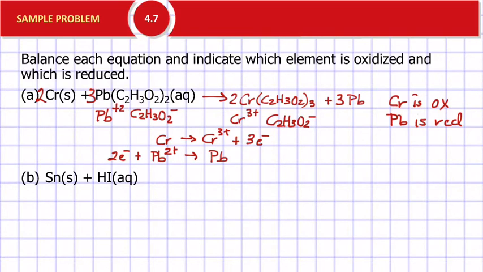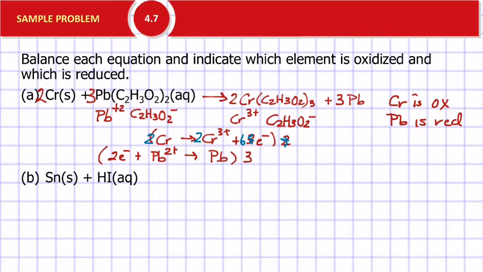And then let's just double check that this balance up here is correct. To balance these, we need to have them come up with the same number of electrons, right? So we'd multiply this one by 2, and we'd multiply this one by 3. And if I go ahead and carry that out, it's just a 2 and a 2, and that becomes a 6.